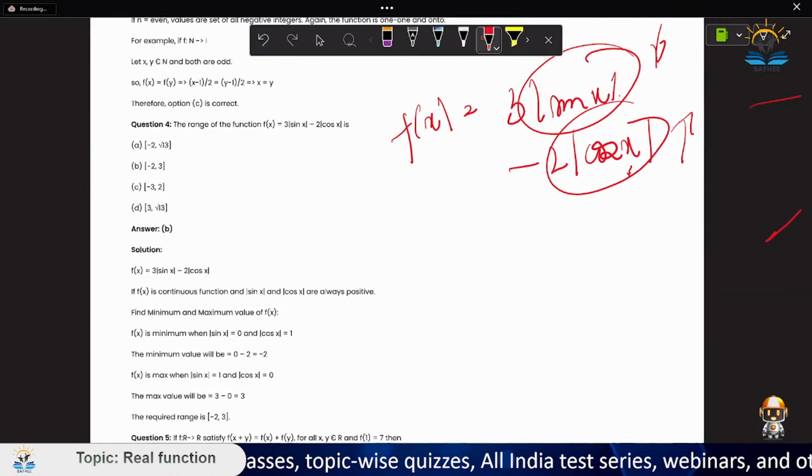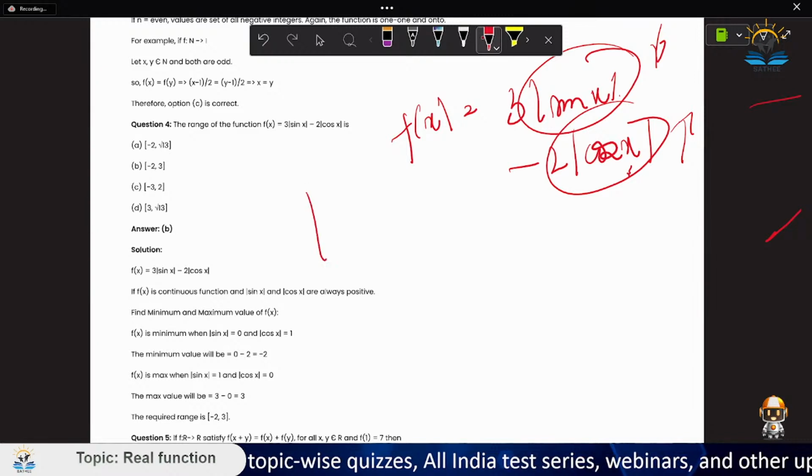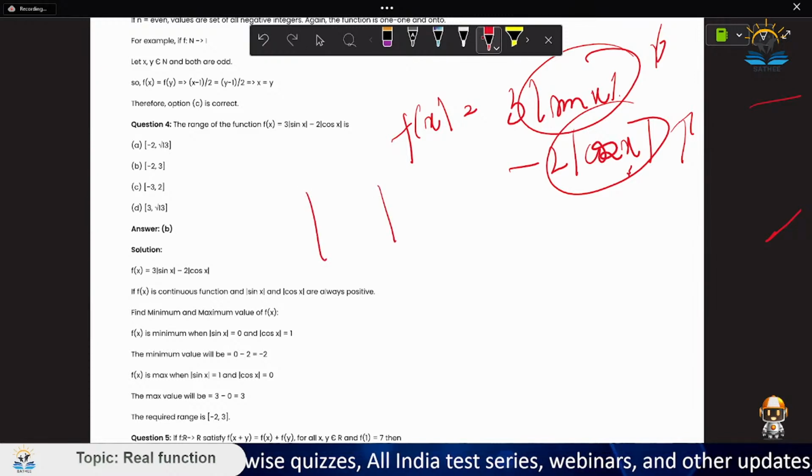But since it is an absolute function, the minimum value of an absolute function of x is 0 and the maximum is 1. So we can take those values.